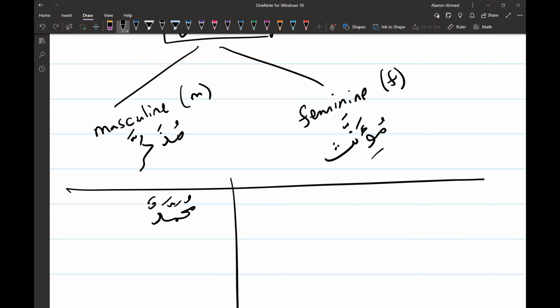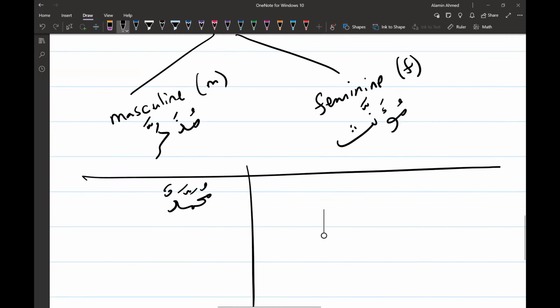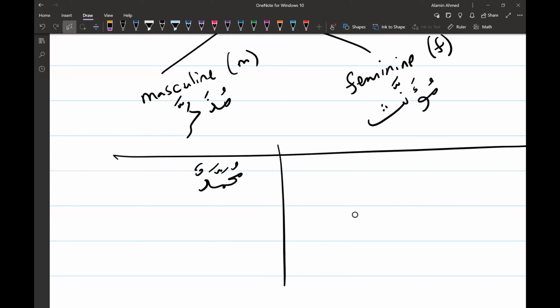Hamza can be written like this, like this, or like this, or like that. There are many ways to write Hamza. Maybe I will write it in a better way. Mu'annath. Okay, good. So Muhammad is a male person's name, so of course it's masculine, mudhakkar.